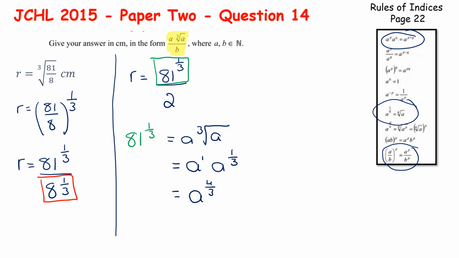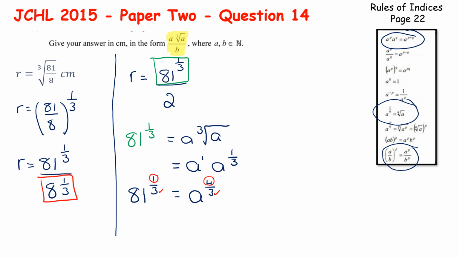So you can then say, well, I have on the right hand side a to the power of 4 over 3. Here I have 81 to the power of 1 over 3. The 3 is correct, so they both have a 3 on the bottom. The top has a 4 here on the right, and this top is a 1.